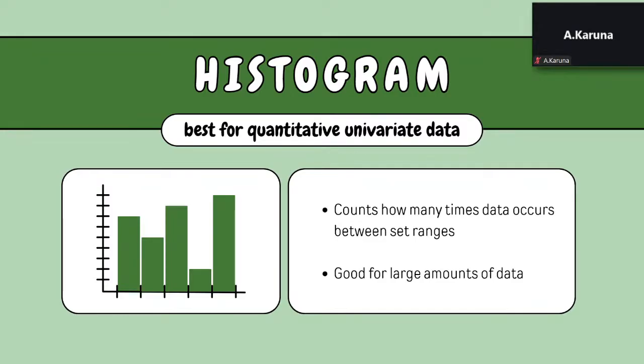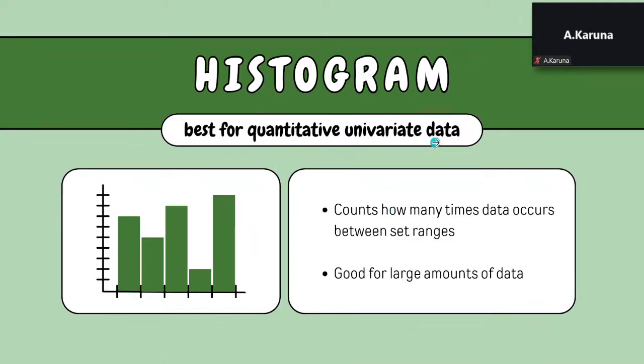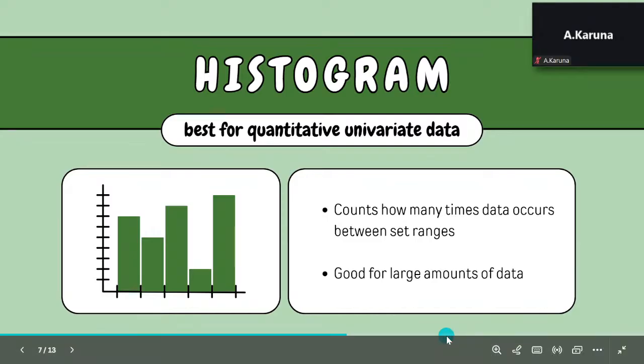A histogram. This is best for quantitative univariate data, okay? Histogram is what? Quantitative, categories, univariate, one variable, okay? And it counts how many times data occurs between set ranges. It's good for big amounts of data.